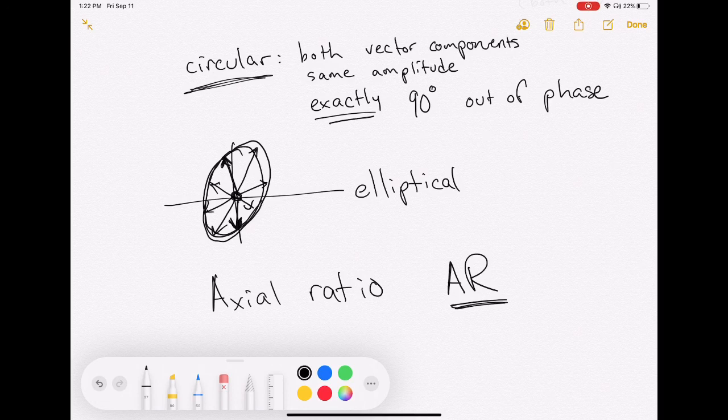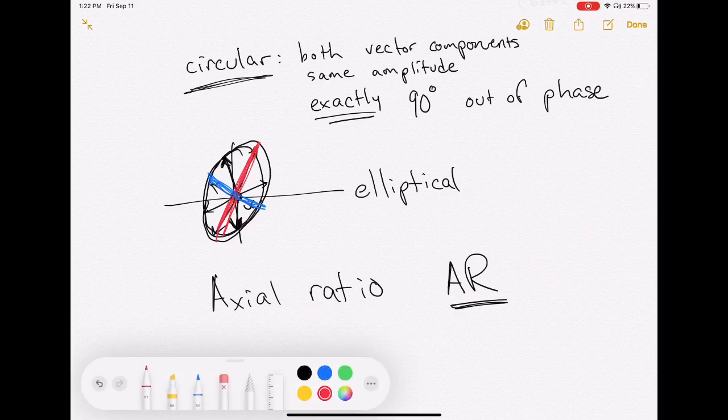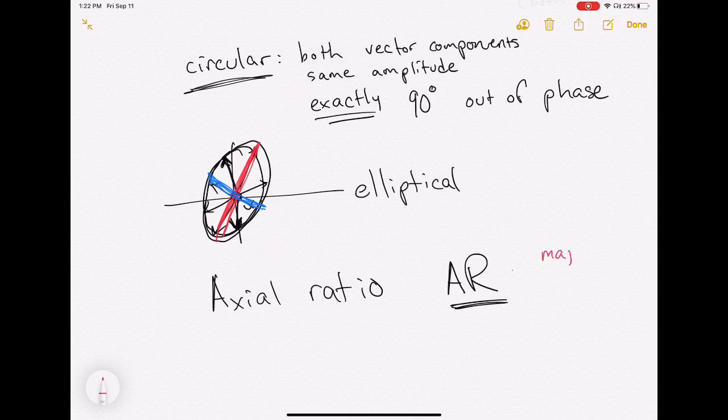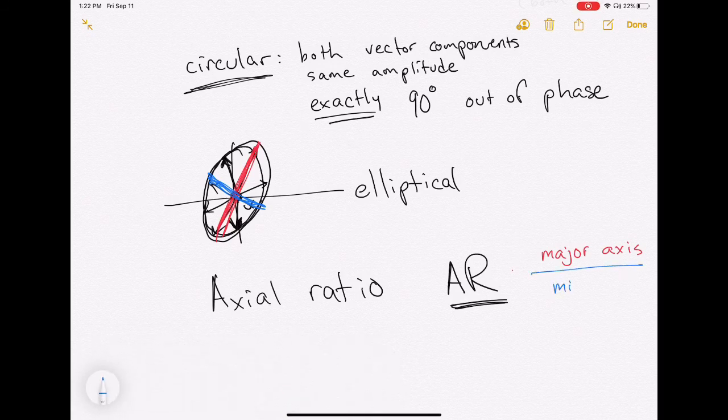So if you measure the length of the major axis of an ellipse and you compare it to the length of the minor axis of an ellipse, your axial ratio is then the major axis divided by the minor axis.